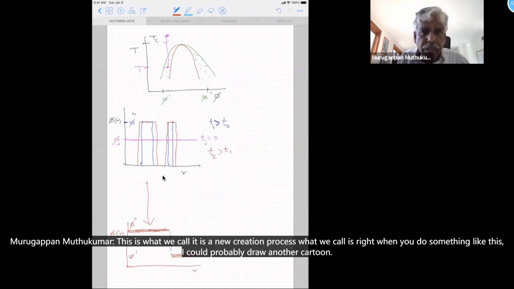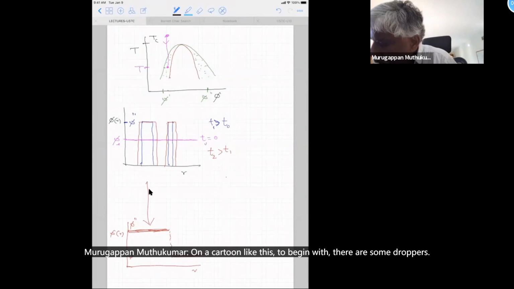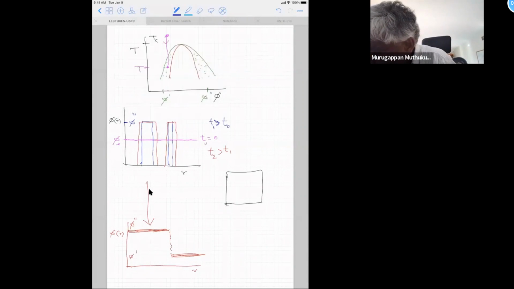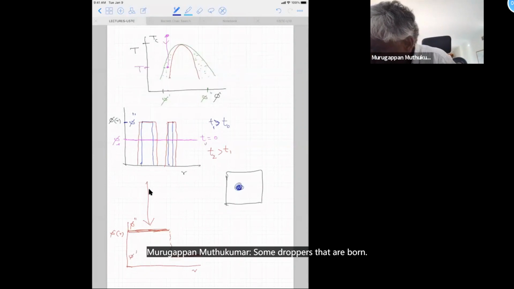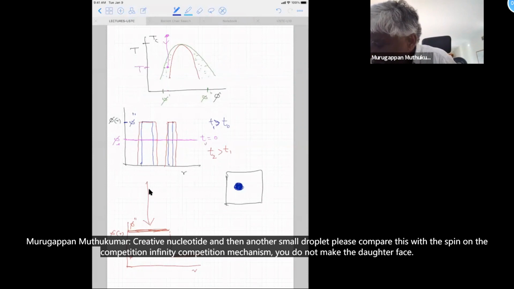What we call, when you do something like this, I could probably draw another cartoon like this. To begin with, there are some droplets that are born, created, nucleated, and then another small droplet. Please compare this with the spinodal decomposition.